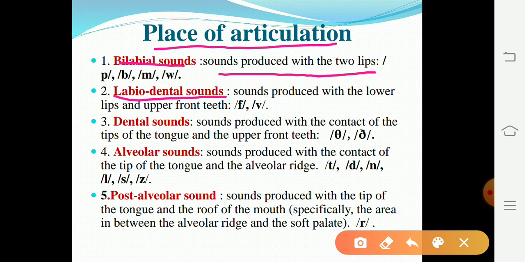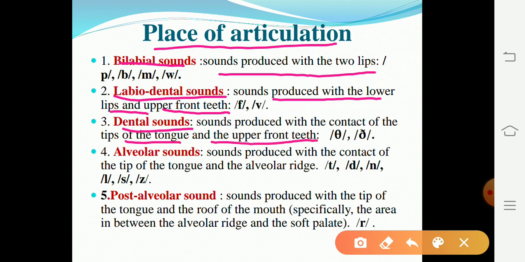Then comes labiodental. The active articulator is the lower lip and the passive articulator is the upper front teeth. The sounds produced with the lower lip and upper front teeth are called labiodental sounds, that is f and v. Then come the dental sounds, sounds produced with the contact of the tip of the tongue and the upper front teeth.